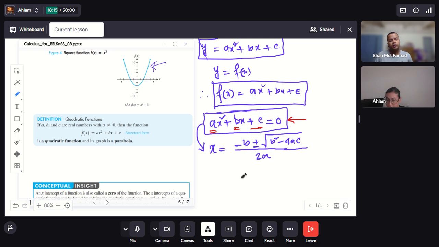For a polynomial equation, the number of roots is equal to the maximum power of the variable. That means here the maximum power of x is 2, right? That's why if we solve this equation, we'll get two roots.